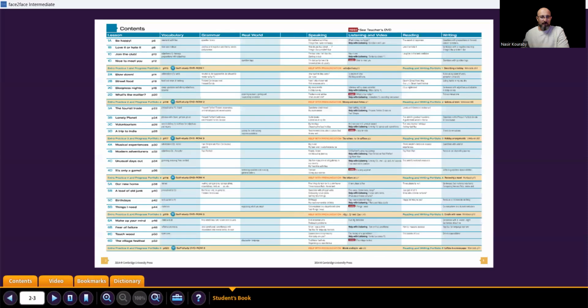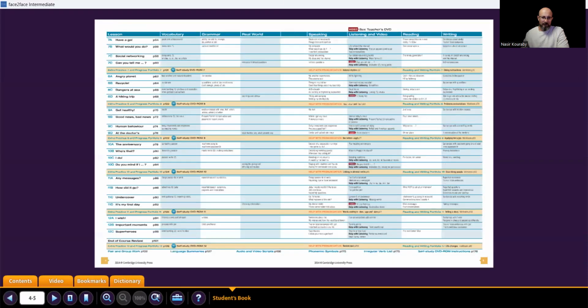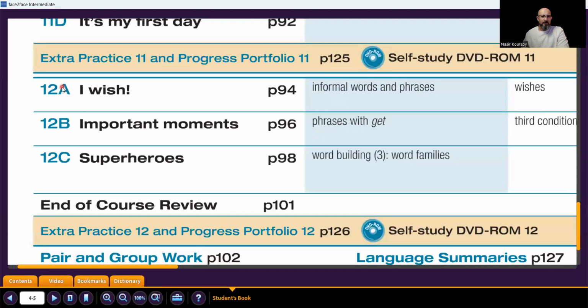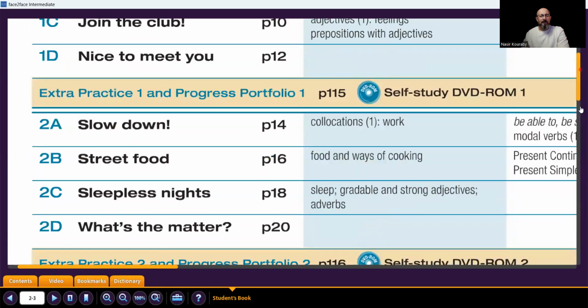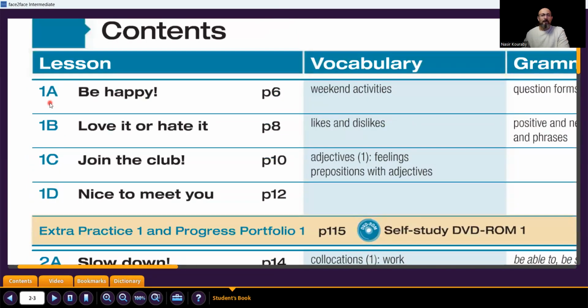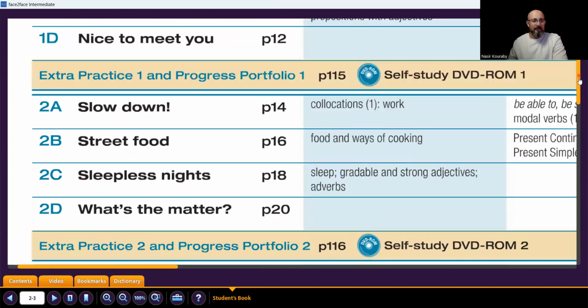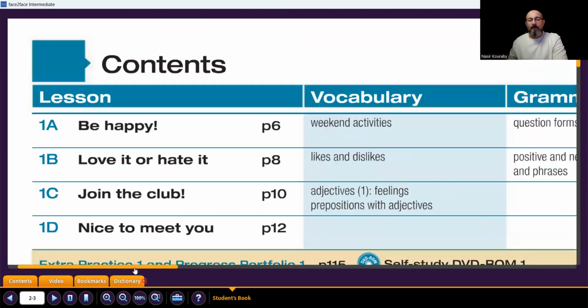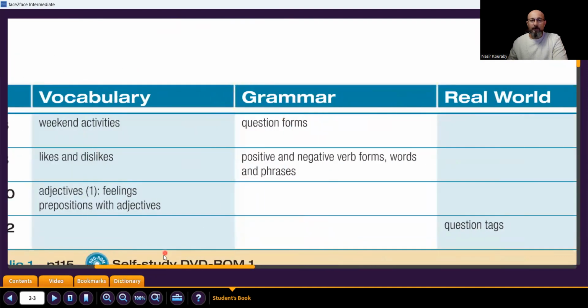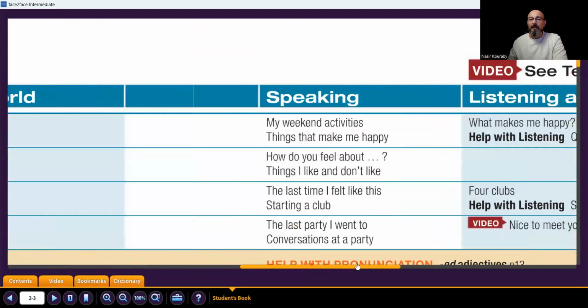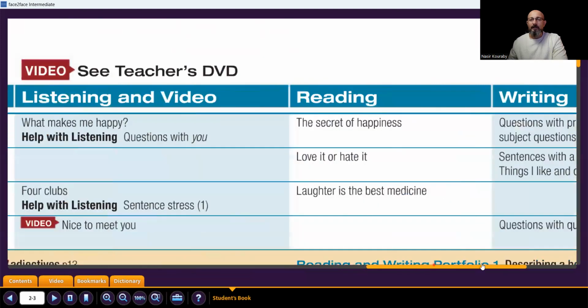In this book, we have 12 units. Let me zoom in first. So it goes from 1 until 12, and in every unit we have 4 lessons, always A, B, C, D. After that we have 2A, B, C, D, then 3A, B, C, D. In each lesson or unit, you have vocabulary, grammar, real world, speaking, listening, video, reading, and writing.